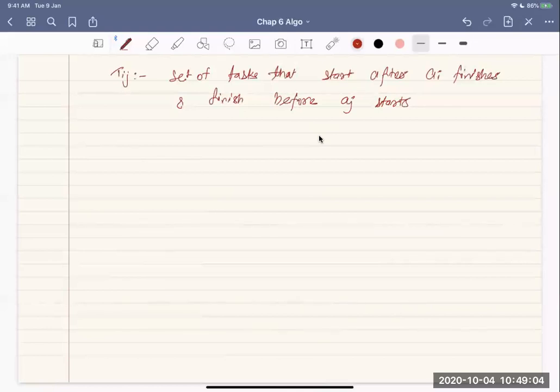Correspondingly, let Sij be the optimal solution for Tij. What do I mean by optimal solution? This gives you the compatible subset of max size.